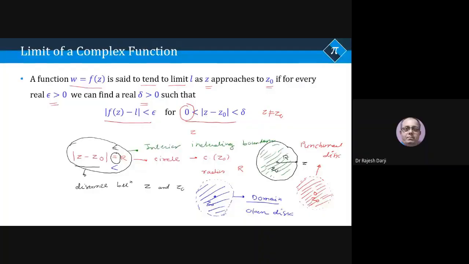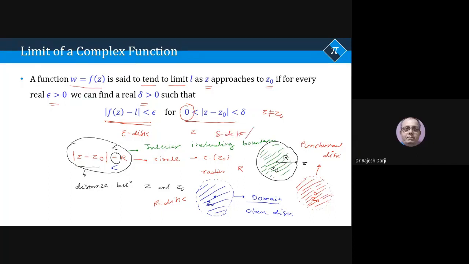This is epsilon, so we refer to it as an epsilon disk because the radius is epsilon. So this is also known as the R disk, meaning radius is R and center of course is origin, or simply you can say epsilon disk, and this is called delta disk.